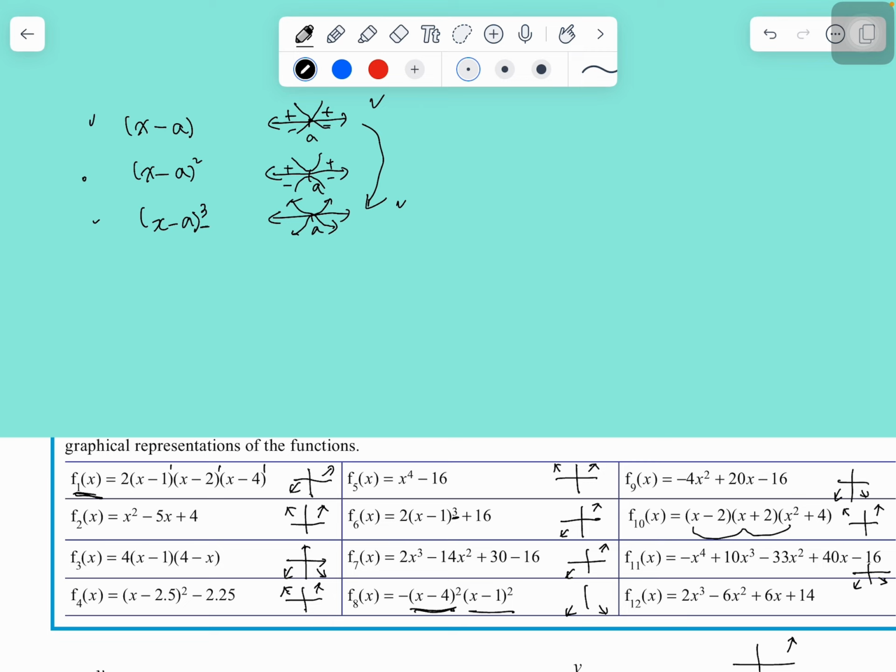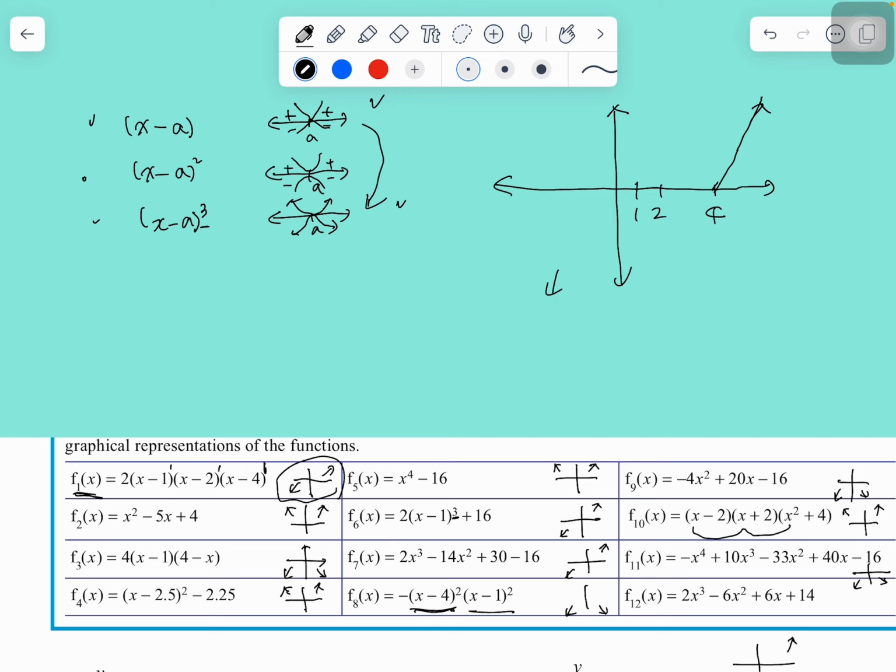So let's say the first function has 1 and 2 and 4. And we understand the end behavior already. So it starts from here and it will finish here. Anyway, we need to go to the x-axis, the x-intercept. So let's approach the x-axis and decide what we can do.